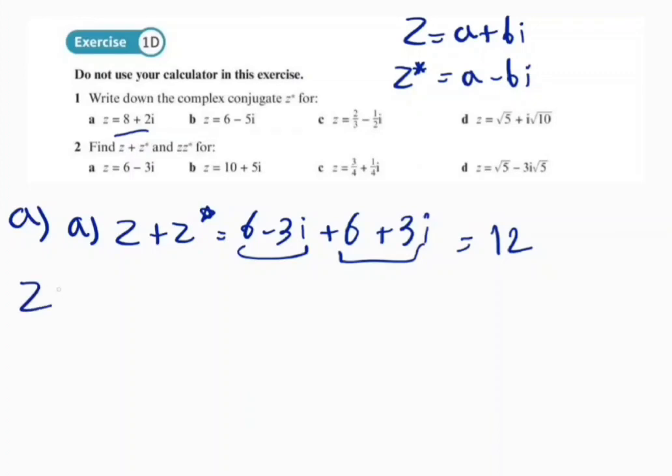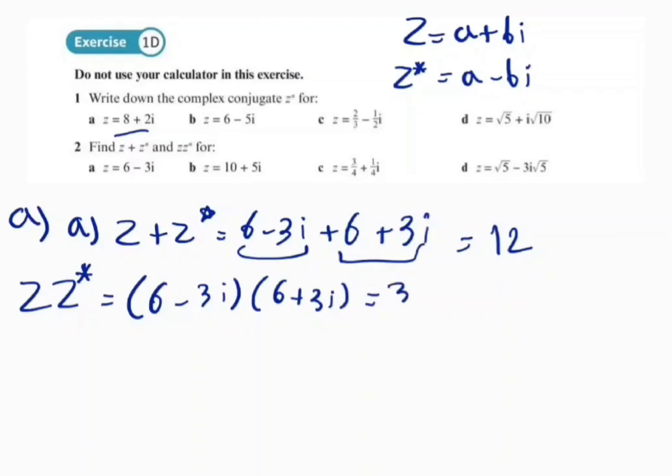Now for the second bit, which is multiplying the two complex conjugates, you have 6 minus 3i times 6 plus 3i, and this is just the usual expansion. 6 times 6 is 36, 6 times 3i is 18i, then we have minus 18i, and finally we get minus 9i squared.